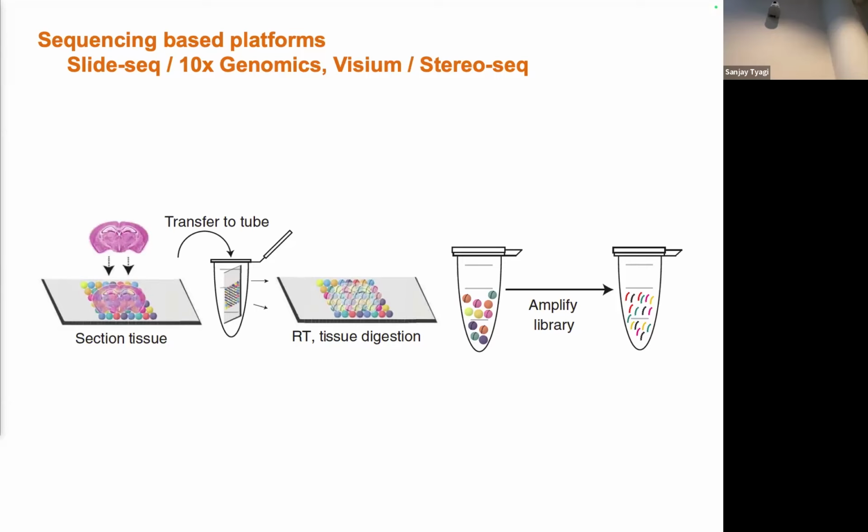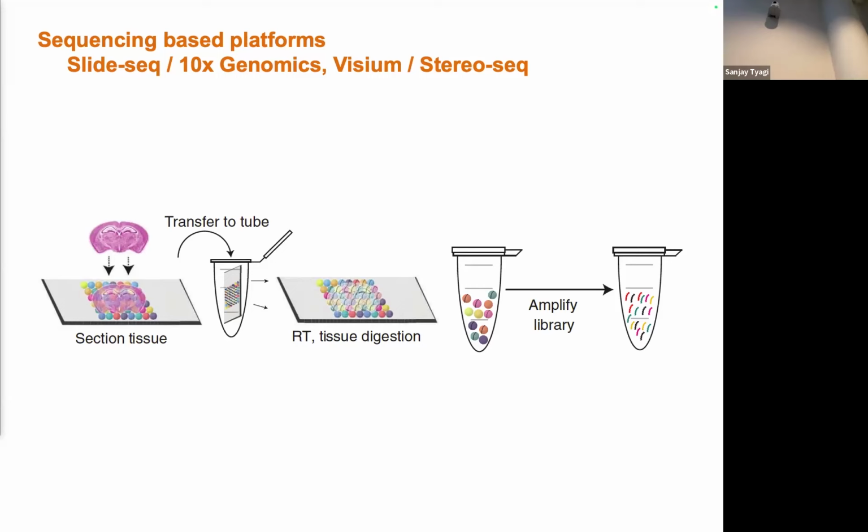But these beads are laid on a slide, and the location of each bead is known, and each bead has an oligo attached to it, which points to the poly A of RNAs, but has a barcode, and the barcode is unique to that XY location on the slide. You lay these beads on your slide, and you determine their locations and barcodes. The company will have done that.